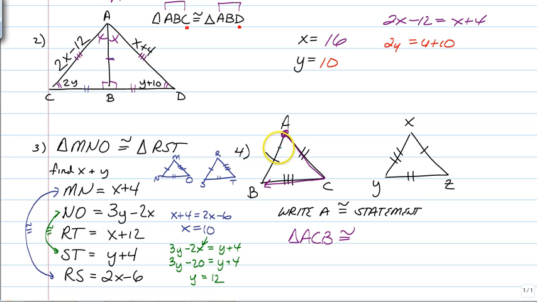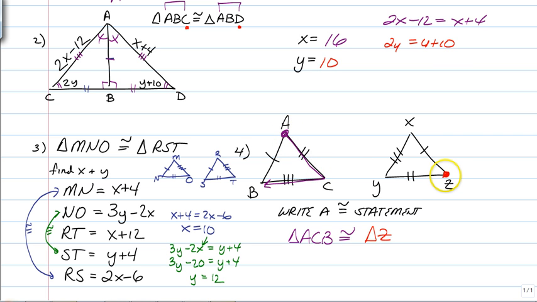So look, angle A is between 1 tick mark and 2 tick marks. So you have to go to the next triangle, and you have to find out that between 1 and 2 tick marks is Z. So your first letter is Z. Then you skip across 2 tick marks.